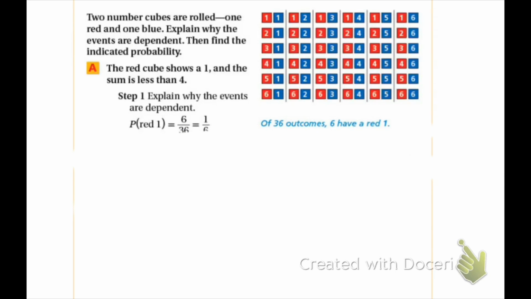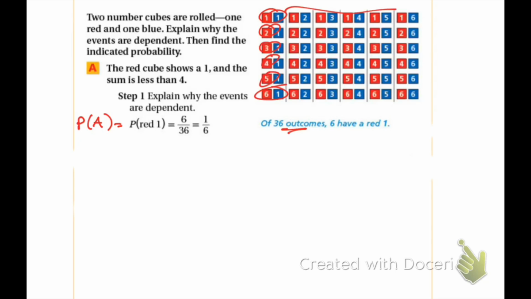So the book has two steps. Let's first calculate the probability of event A, and that is a red 1. So what's the probability that this first event, rolling a red 1, occurs? Well, we have a total of 36 outcomes here. If you were to count these up, 1, 2, 3, 4, 5, 6, and we have another 6.